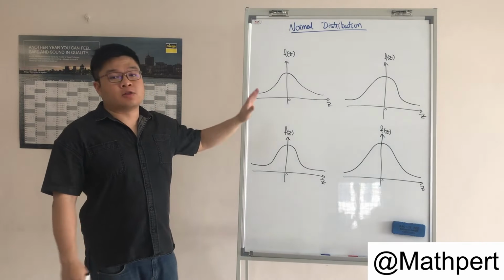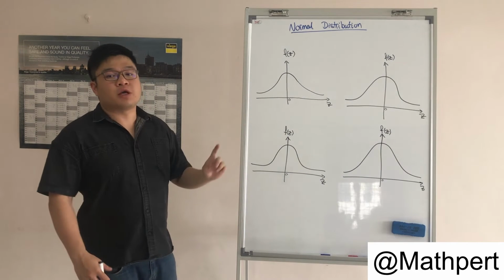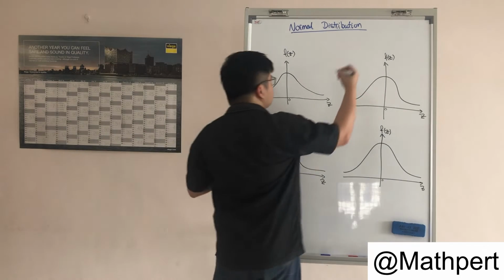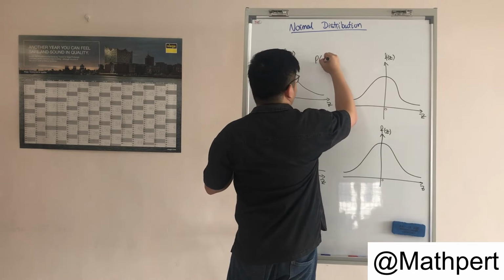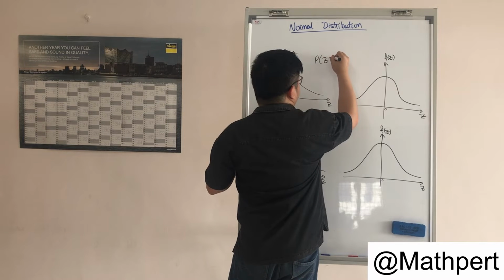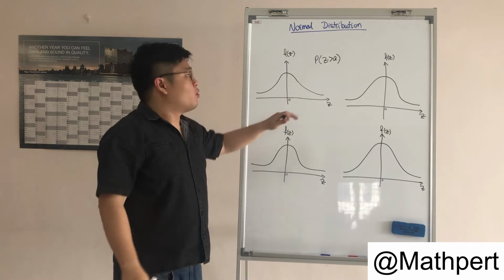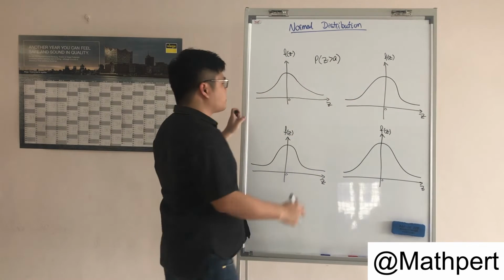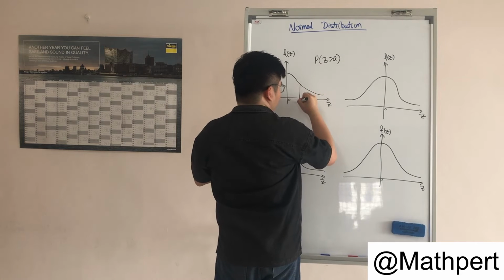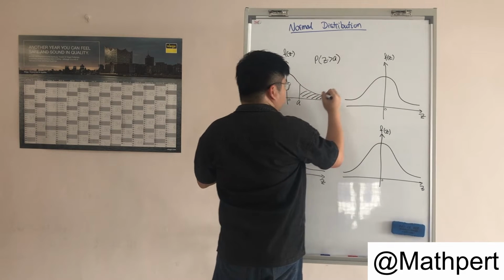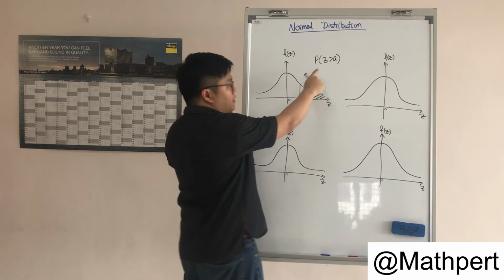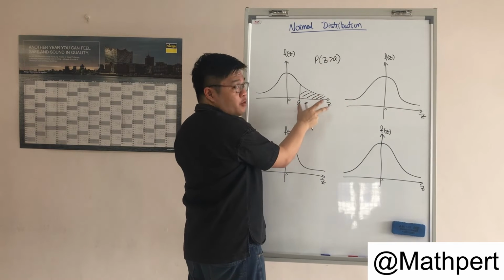When reading a standard normal distribution table, there are a few things for us to take note of. The first one: if the question gives us P(Z > a), what does this mean? It is referring to the shaded region after a, all the shaded region.